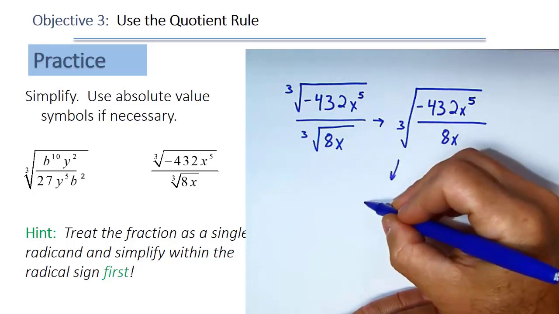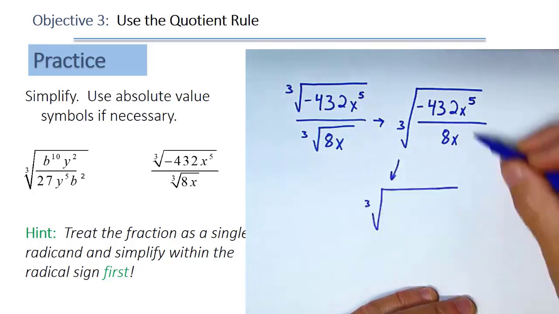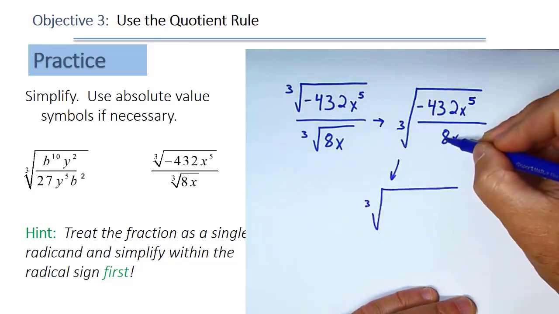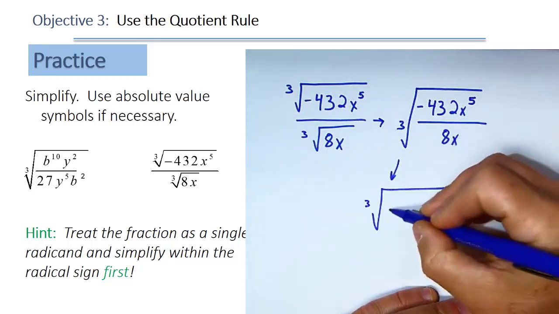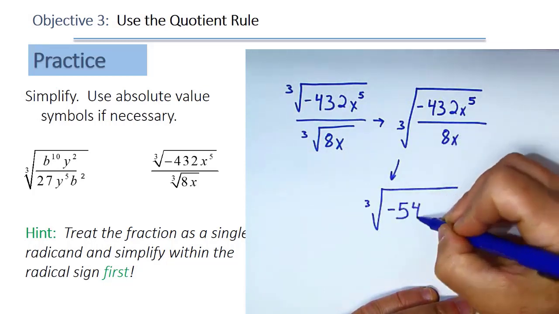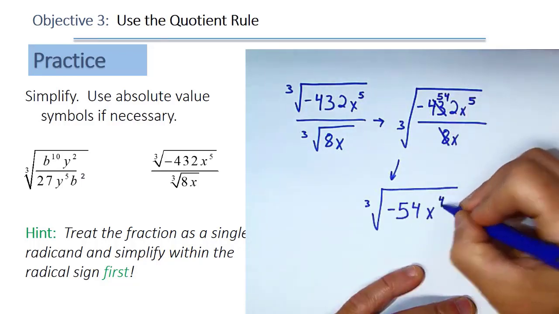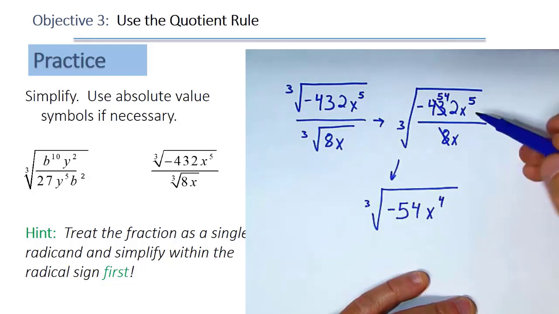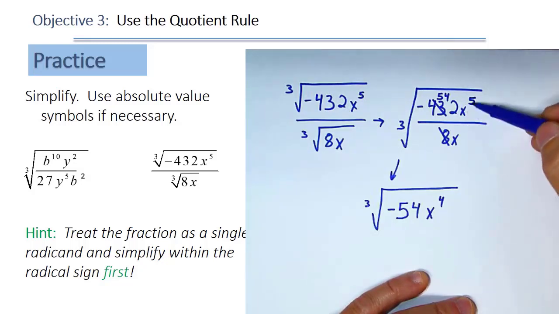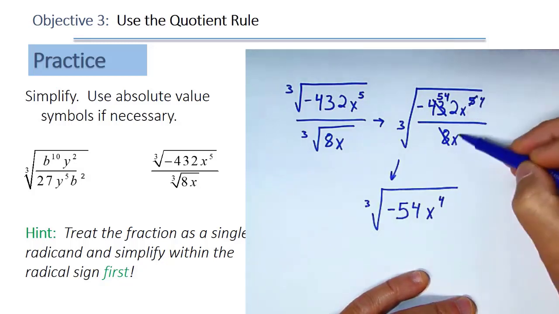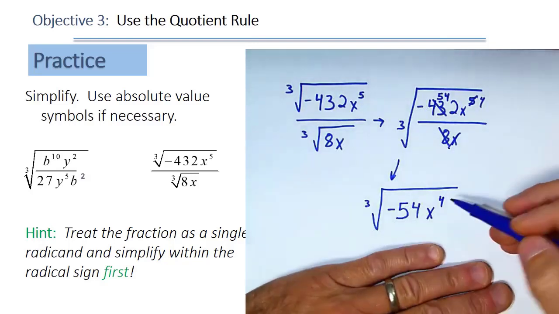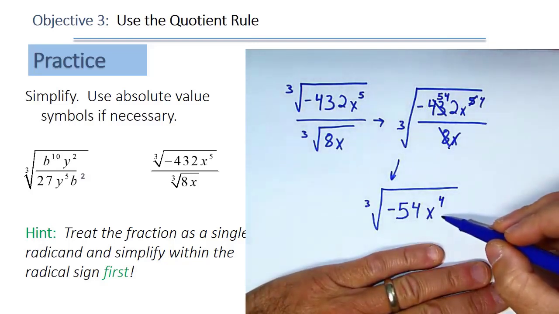That's the same as the cube root of negative 432 over 8. That turns out to be negative 54. And x to the 5th over x, that's just x to the 4th. So in fact, when we treat it as a fraction, the entire denominator cancels off. And now we just have one radicand to simplify.